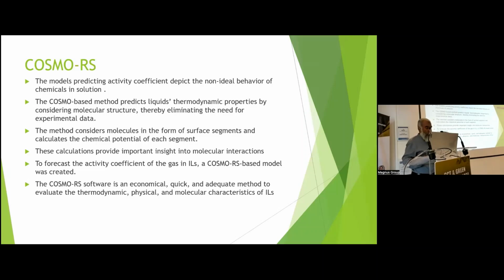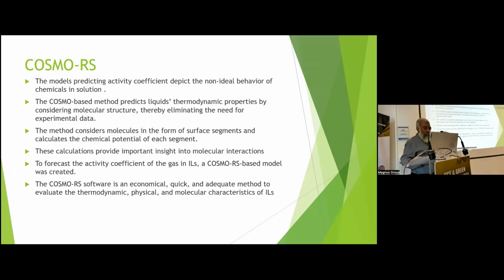COSMO-RS is a model for predicting the activity coefficient, depicting the non-ideal behavior of the chemicals in solution. This method predicts the liquid thermodynamic properties by considering the molecular structure and eliminating the need for experimental data. The method considers the molecules in the form of surface segments and calculates the chemical potentials for each segment.